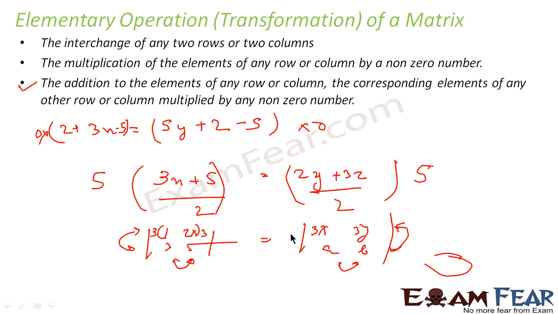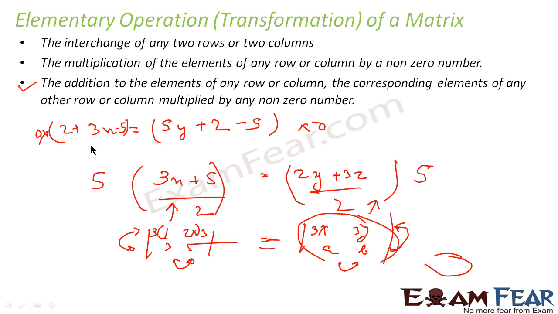Let's suppose we have these two matrices and we want to make this matrix all zeros. Then we can perform some operation on this, and if you want to keep the matrices equal, you perform the same operation on the other matrix also. So when I'm saying operation, I am not only performing it on this side; I have to perform the similar operation on the right-hand side matrix also.